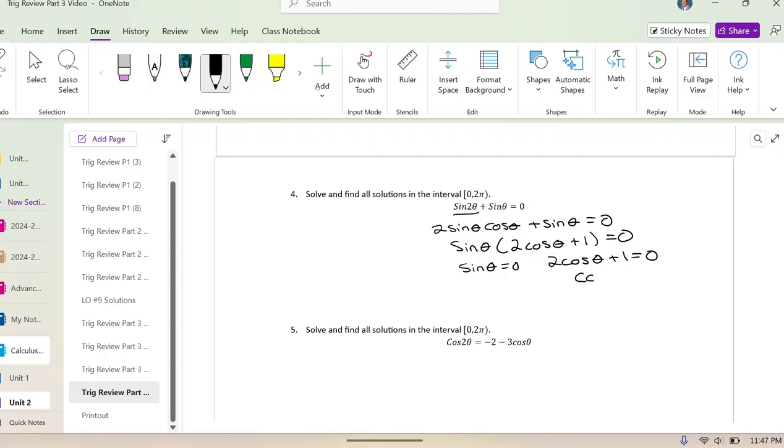So you get cosine theta equals negative 1/2. So the sine is 0 at 0 and pi. The cosine is equal to negative 1/2 in the second and third quadrant. It's still a pi over 3 angle. So it's going to be 2 pi over 3 and 4 pi over 3, second and third quadrant.